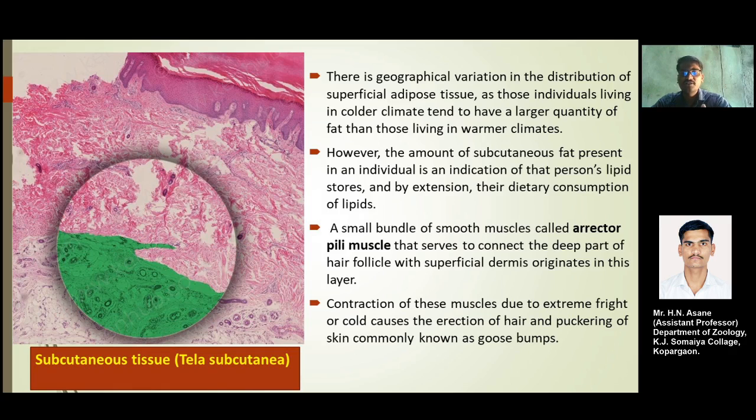And what happens in the warmer climate? The surrounding temperature is always above normal, and the optimum temperature for the survival of the human being is such that if the temperature crosses 40 or 42 degrees Celsius, or if our body temperature rises from 38 to 39 degrees Celsius, it causes the secretion of sweat.